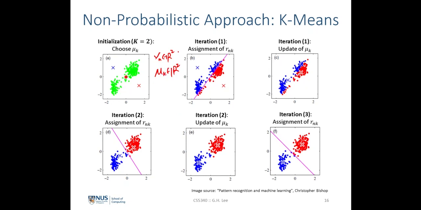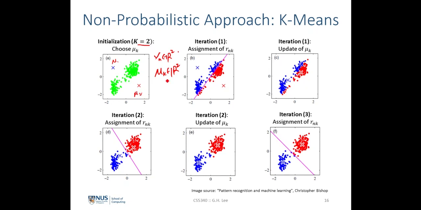Suppose this is what we have: all the xn data points shown in green, to illustrate that we do not know the cluster assignments, nor the unknown parameters of the clusters, the centroids. We first initialize the k cluster centroids. In this case, k equals 2 because we only have two classes, and suppose we initialize mu1 and mu2 to be here and here.